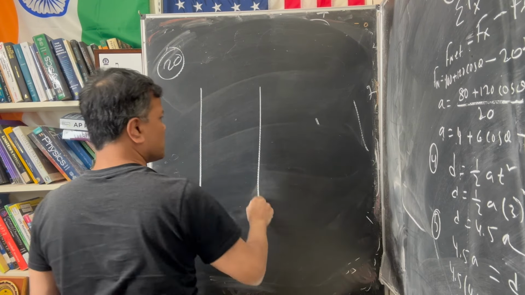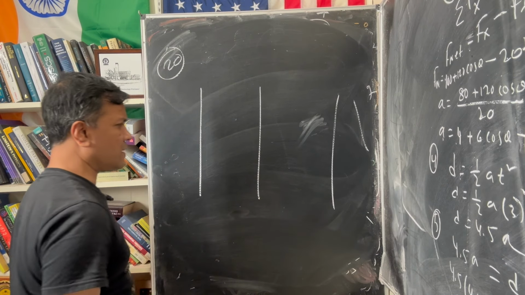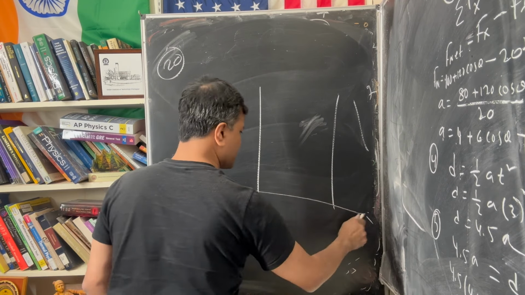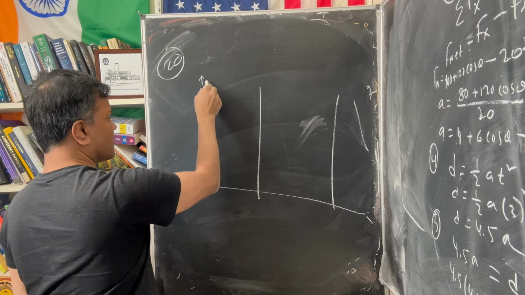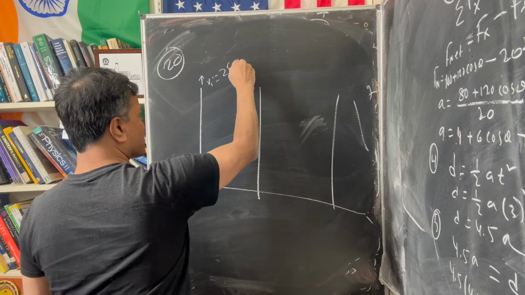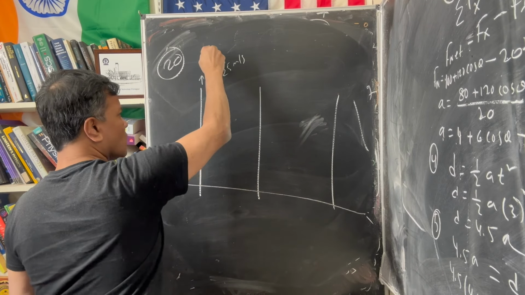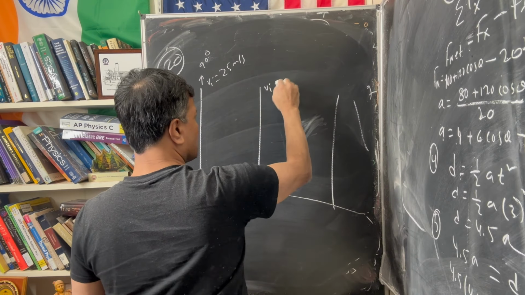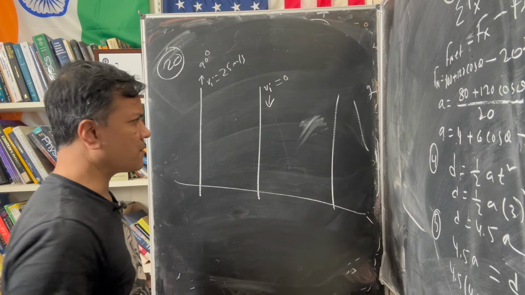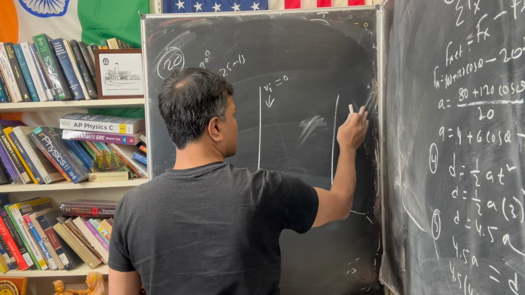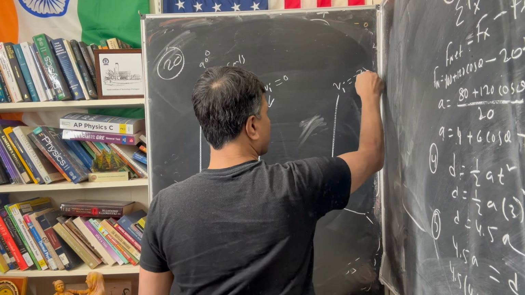I gave you 3 scenarios, but the good thing is you see 3 balls falling. One, initial velocity is 25 meter per second, 90 degree. One, initial velocity is 0. That means it is dropped. One, initial velocity is negative 25 meter per second.